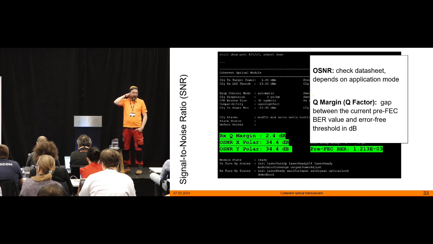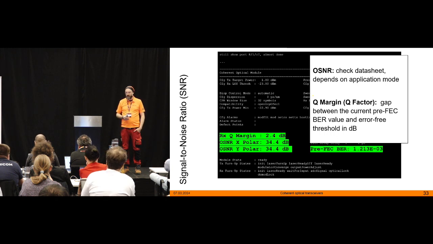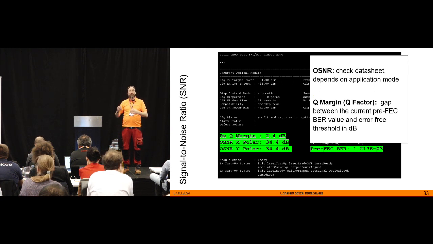An interesting part was the RxQ margin, and we figured out that Nokia development was quite creative there. Actually, we weren't able to map the Q margin to some value known in the telco or optical transmission world, and we identified that the Q margin actually is the Q factor. So what is the Q factor? It is a measurement, a ratio again, of the capability of the forward error correction, the FEC, to still correct errors.